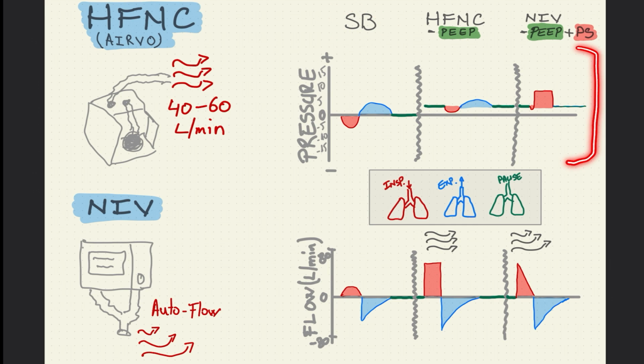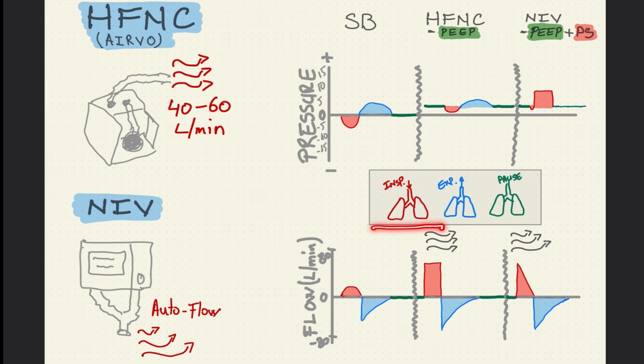On top, there is a pressure graph which shows the pressure inside the airway. Everything above zero is positive airway pressure, and below zero represents negative airway pressure. On the bottom, there is a flow graph which indicates positive values when the air is moving in from the atmosphere down towards the lung or down towards the alveoli, and this is during inspiration.